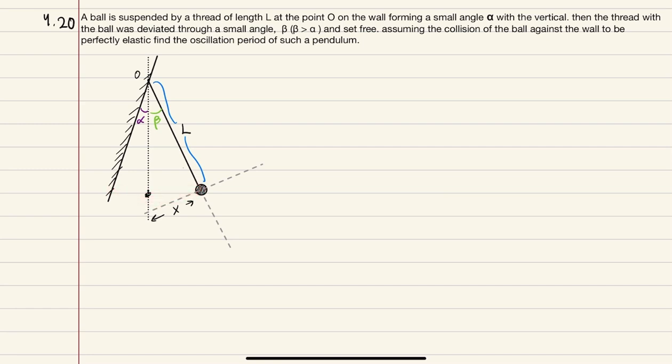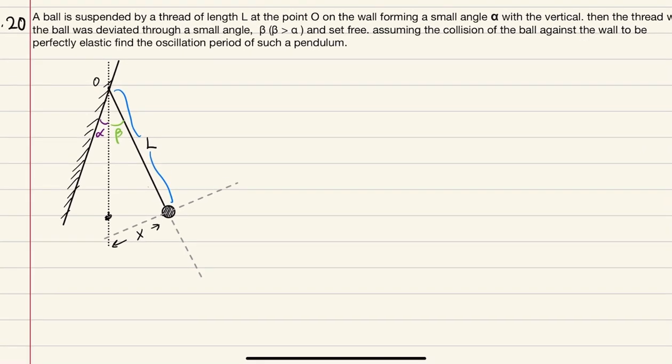So what we can first do is find what the oscillation period would have been ideally if the motion was not cut short. So we can quickly derive what that oscillation period for a pendulum is. So the restoring force is mg, because this is what's causing the ball's motion.